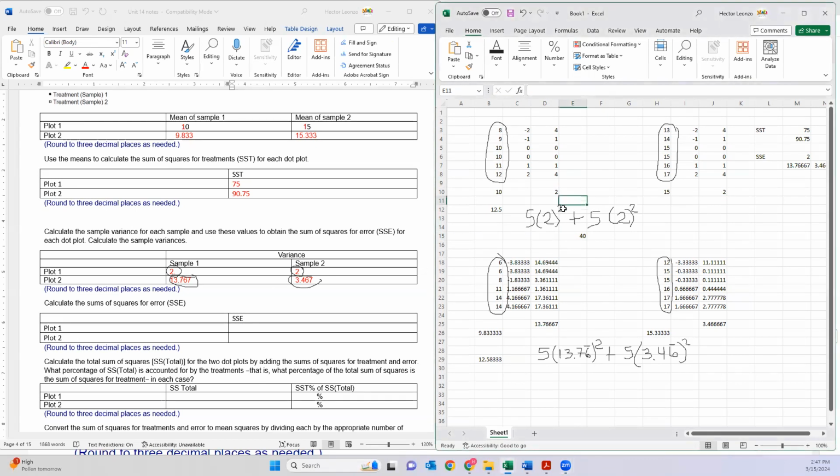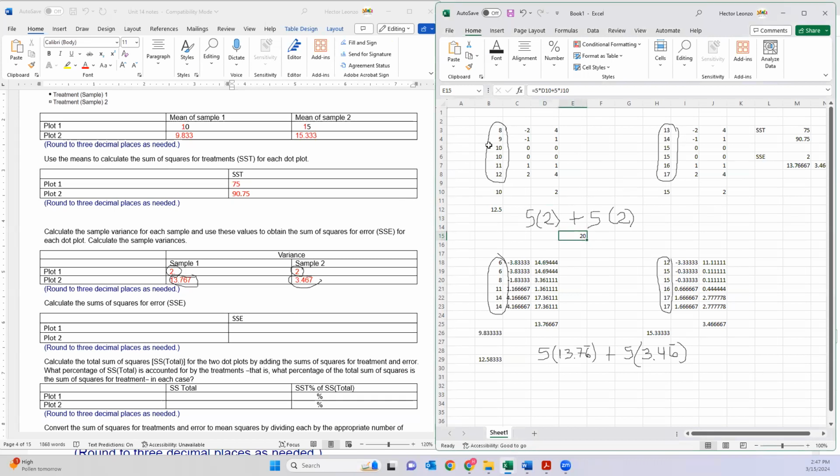Oh, no, I have to do it to the variance, right? Hold on. It's not to the second power here because my variance is already to the second power. I actually have to go equals 5 times my variance plus 5 times this other variance.